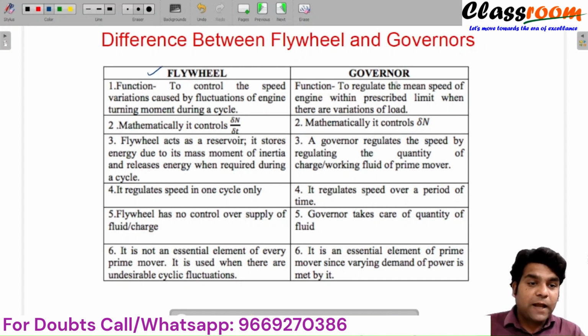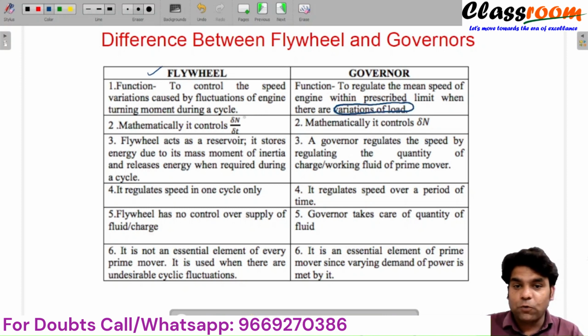And governor regulates the mean speed of the engine within the prescribed limit when there is a variation of load. It works for the variation of load. Mathematically, flywheel controls the rate of change of speed and governor controls the change in the speed.